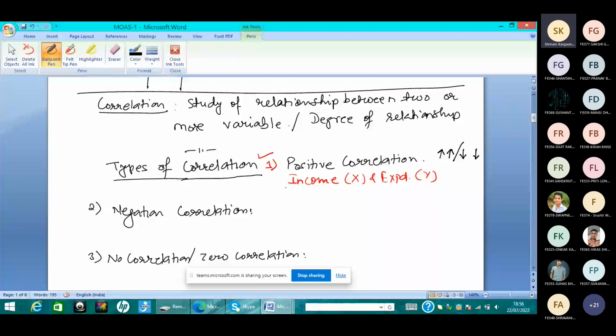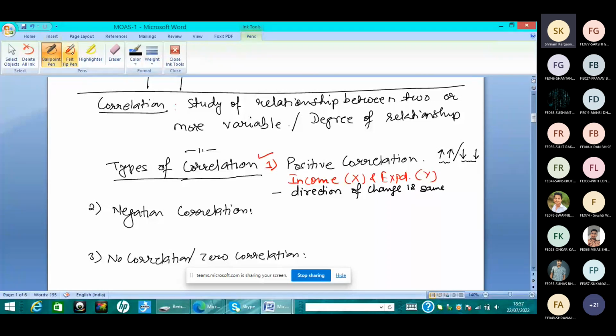So you observe that either both increase or both decrease. The direction of change is the same.